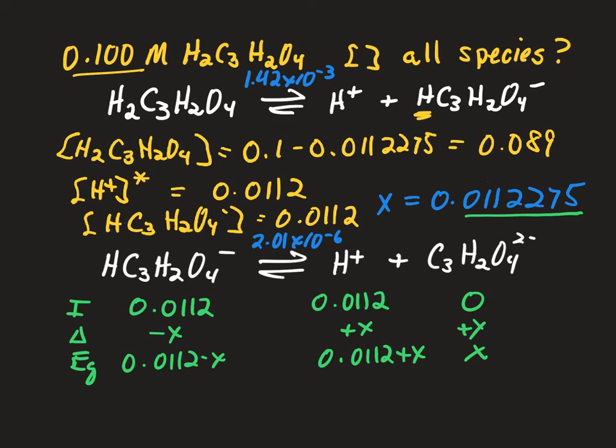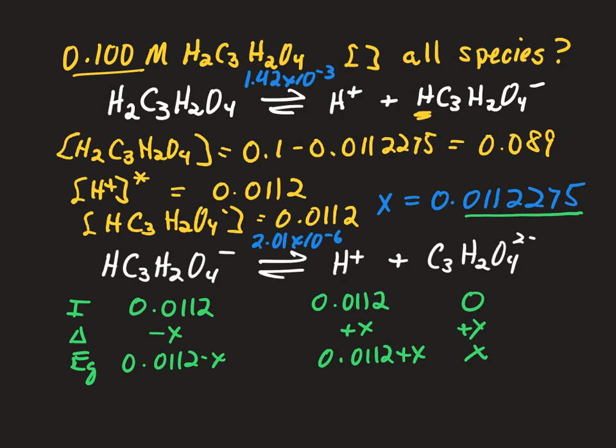But now we compare our value of our equilibrium constant to our initial concentration. Our initial concentrations, here and here, are in the range of 1 times 10 to the minus 2. Well, this is 2 times 10 to the minus 6. 10 to the minus 2 to 10 to the minus 6 is about 10 to the 4.